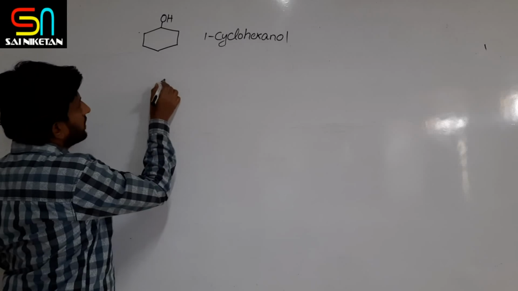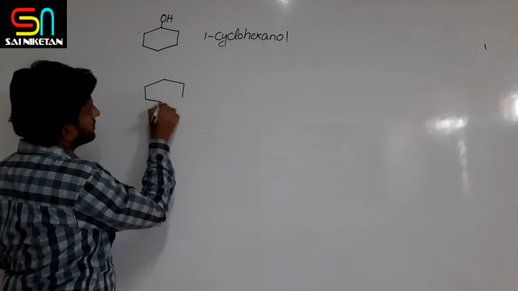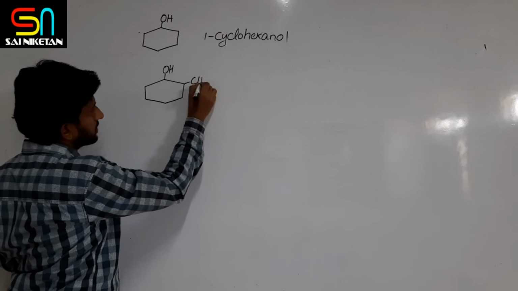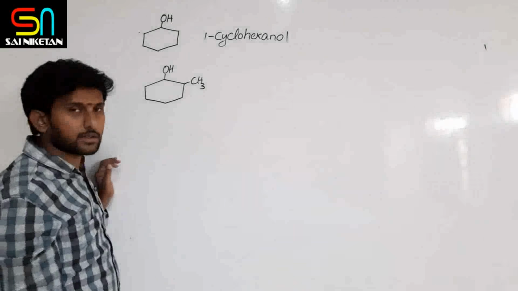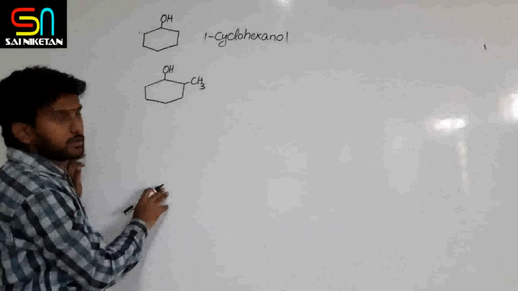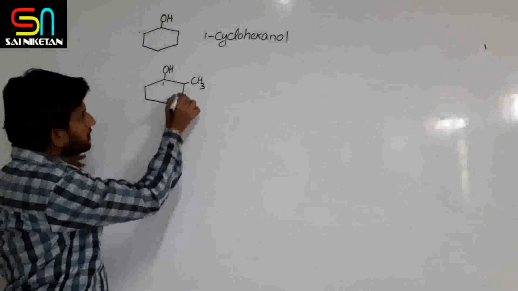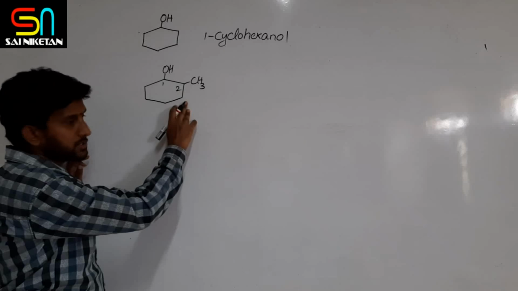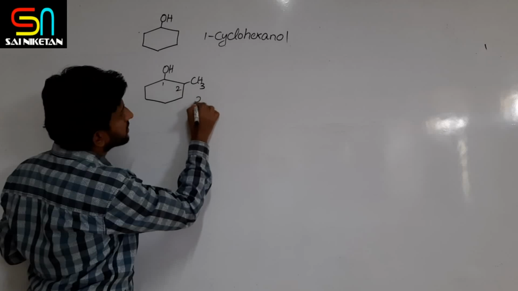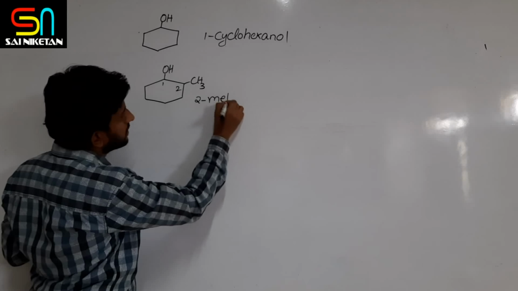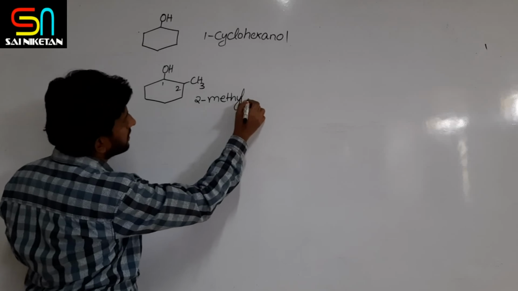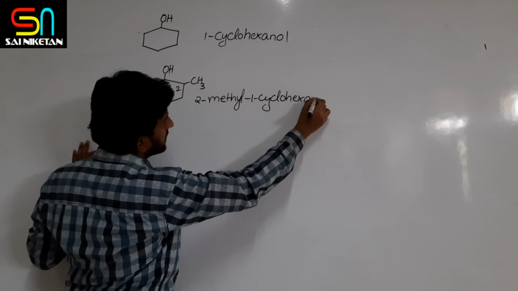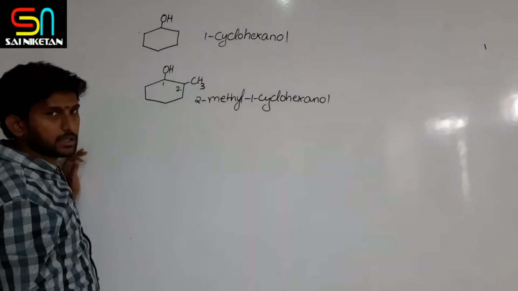Similarly, if we are writing a cyclohexane ring like this, then numbering must be from alcohol. So this is 1, this is 2. So second position methyl is there, substituent. So what should be the name of this compound? 2-methyl-1-cyclohexanol.